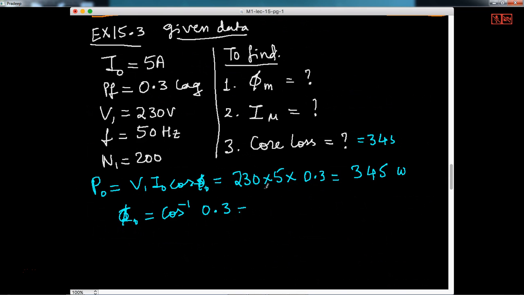When you use a calculator, you will get the answer in radians, so you have to be careful in converting it to degrees. It is 1.266 radians, which is 1.266 divided by pi multiplied by 180, giving 72.54 degrees.